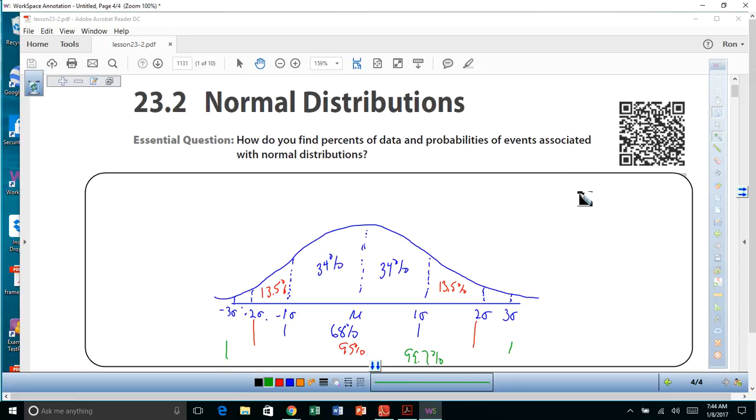Yeah, 4.7, divide that by 2, and you got 2.35% of the data, and that's 2.35% of the data. Okay, that helps you find the percents.